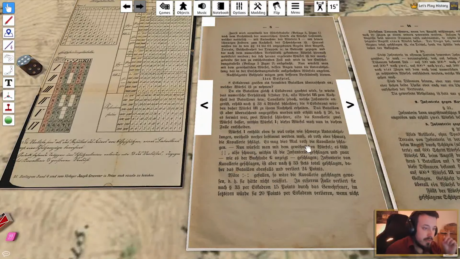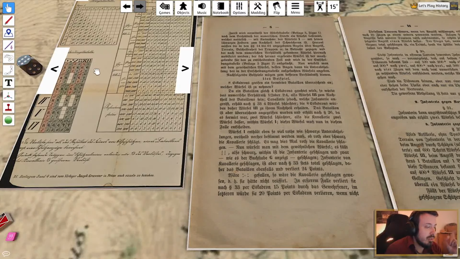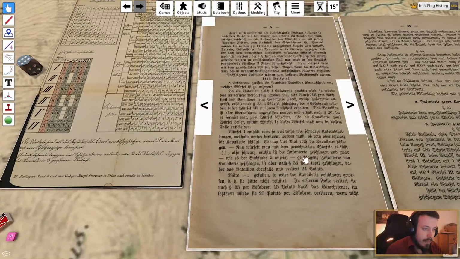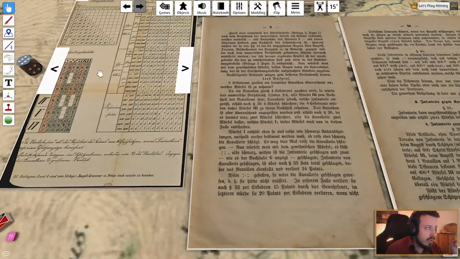Oh no, he said red cavalry would be beaten on red. Okay, so, but he rolled black, so the infantry is beaten, even though it was slightly advantaged. The infantry is beaten here. The result is beaten, not completely beaten, but beaten.